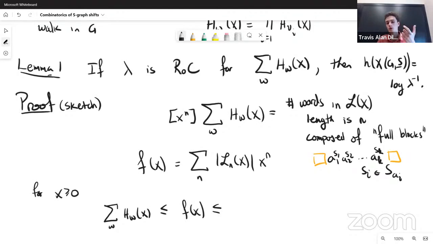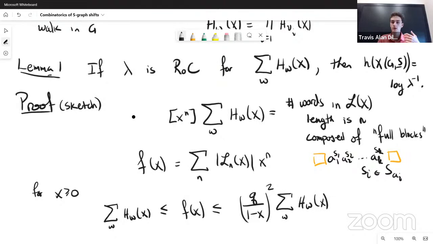And on the other hand, you can account for the prefix and the suffix in each of these words, and using another generating function approach, if you overcount them, you can multiply by q over 1 minus x squared. Now each of the coefficients in this second power series is bigger than the coefficient in f of x, and so it's sandwiched between them.